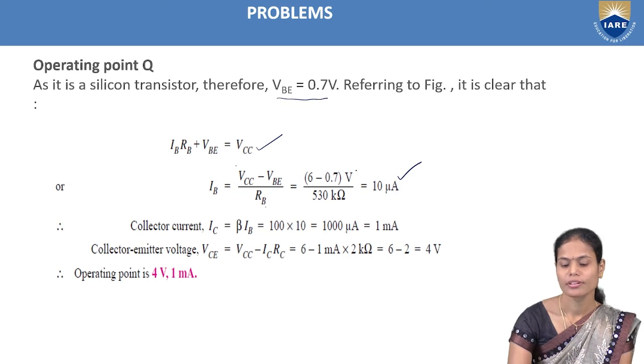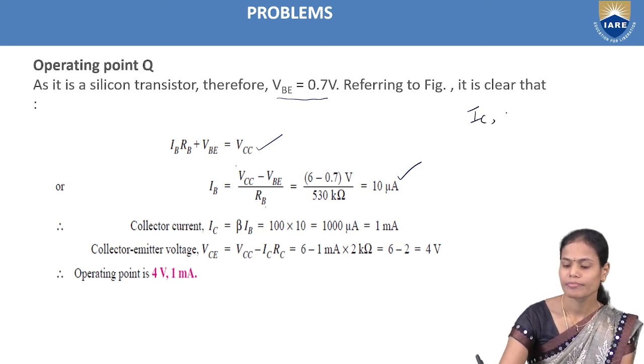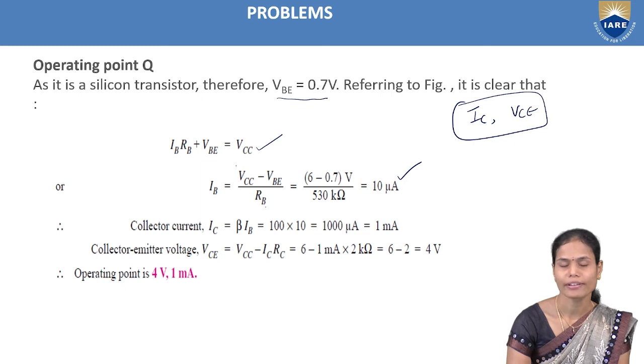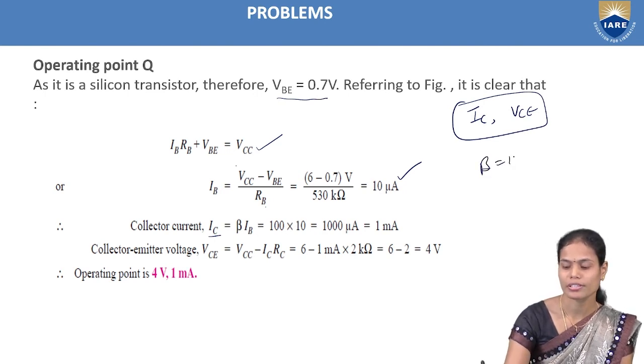Next, we have to calculate the collector current as well as the collector to emitter voltage to find the operating point. The collector current IC equal to beta IB. Beta value is 100. Generally we take beta as 100.